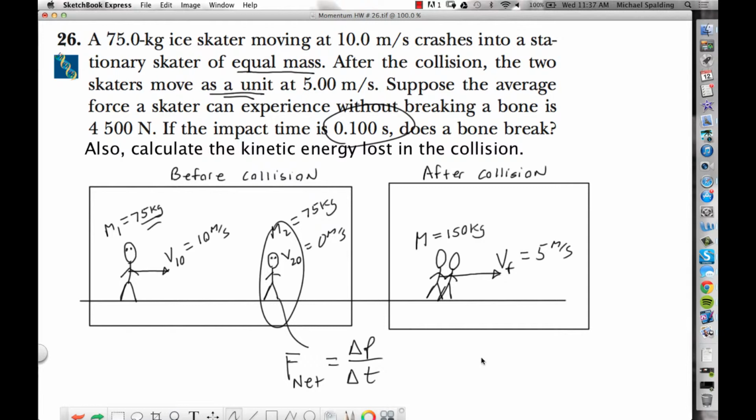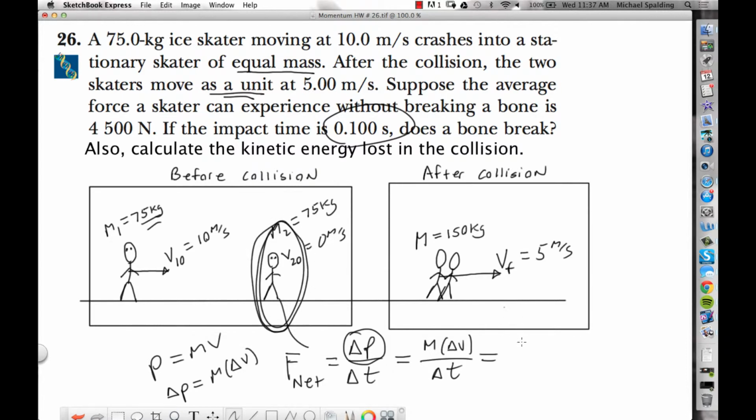Okay, so focusing on guy number two, what can we say about change of momentum? Well, what's momentum? Momentum is mass times velocity. So what will change of momentum be? Mass times change of velocity. So it's going to be mass times change of velocity over time. What's the mass of guy number two? 75.